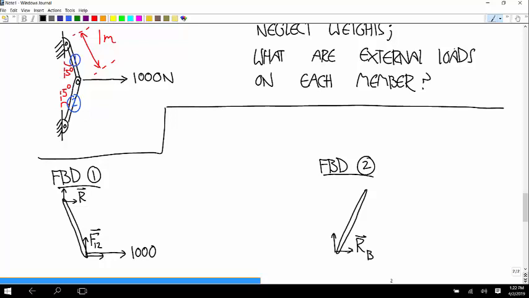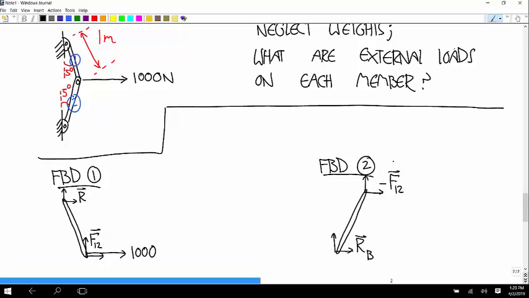It's part of member 1. And so that 1,000 Newton force is only applied to member 1. All we have going on here is the force on 2 by 1, or negative F12. Any questions about that?